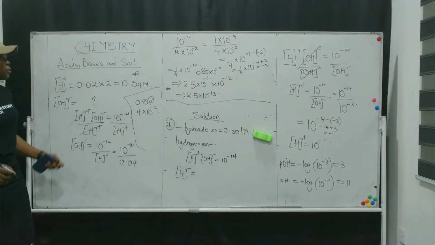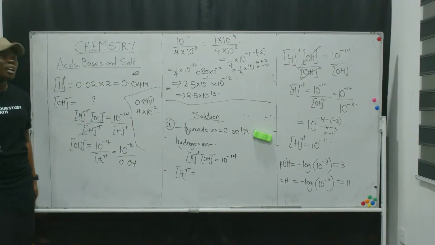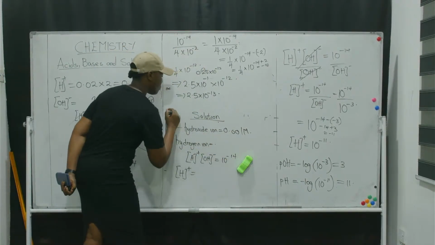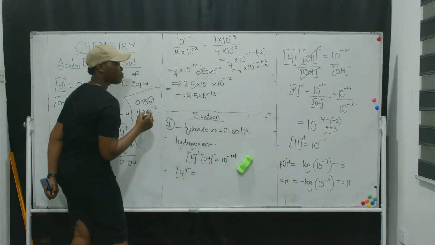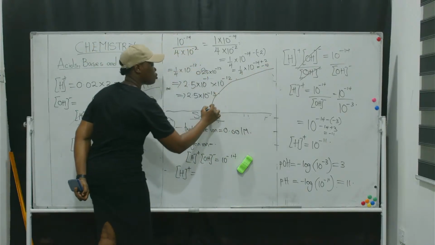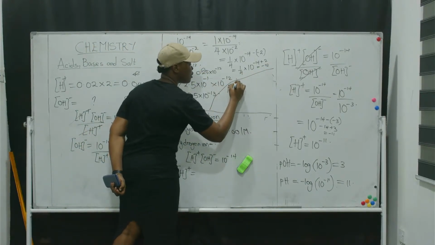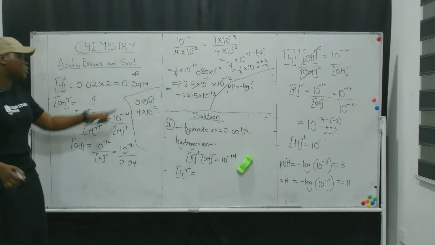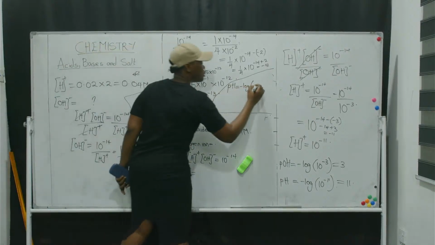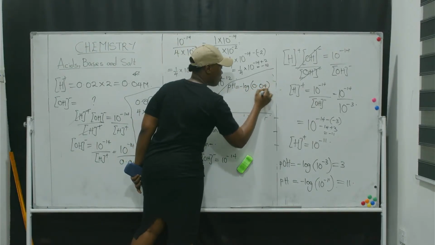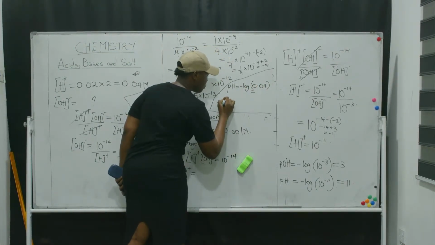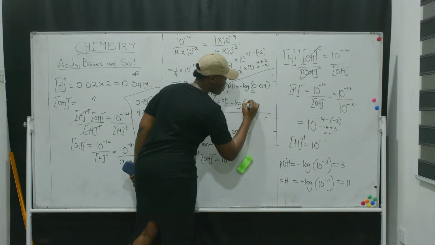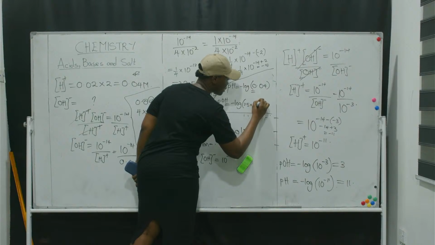So the way we solve the pH and the pOH for the initial one, let's try it here as well. So pH is equal to minus log of this value, which is 0.04, and this is pOH, minus log 2.5 times 10 raised to the power minus 13.